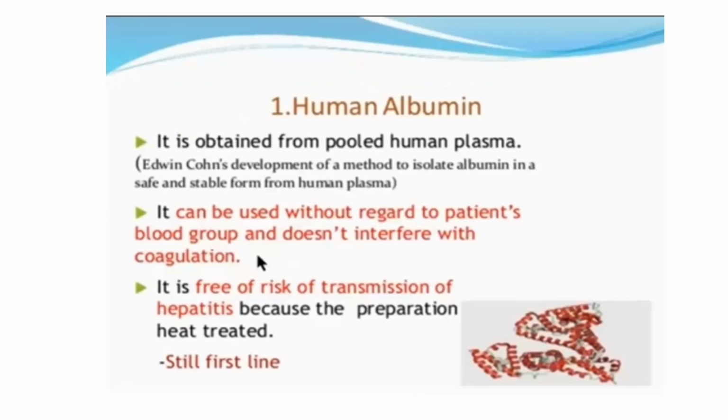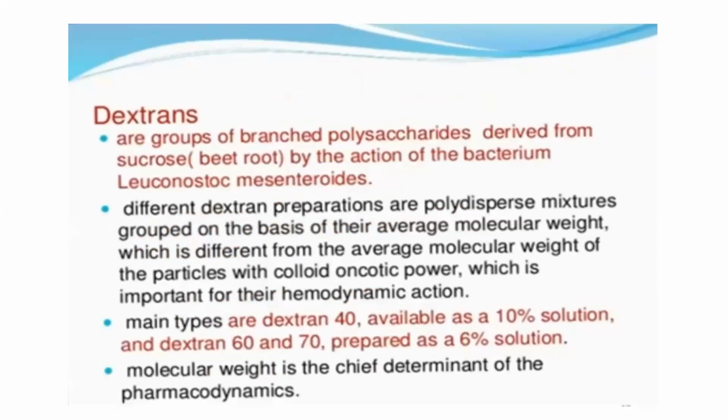Cohn developed a method to isolate albumin in a safe and stable form from human plasma. It can be used without regard to the patient's blood group and does not interfere with coagulation. It is free of risk of transmission of hepatitis because the preparation is heat treated.